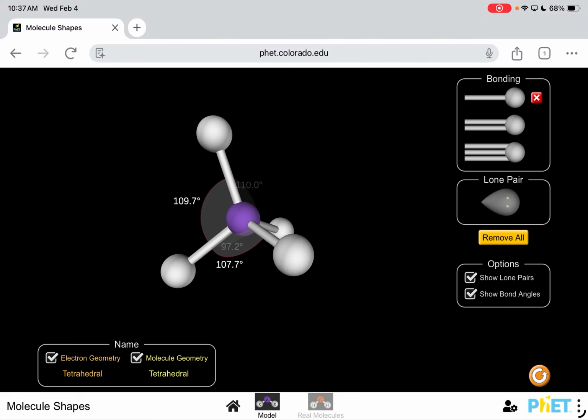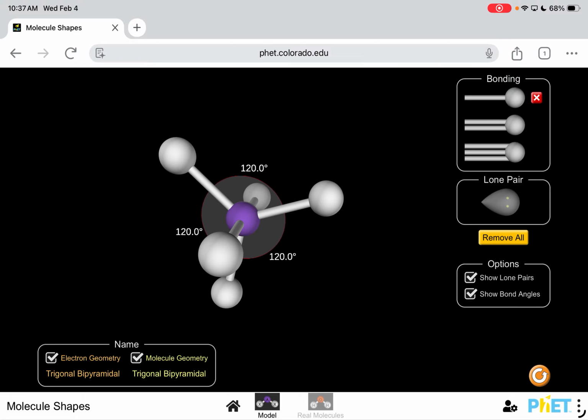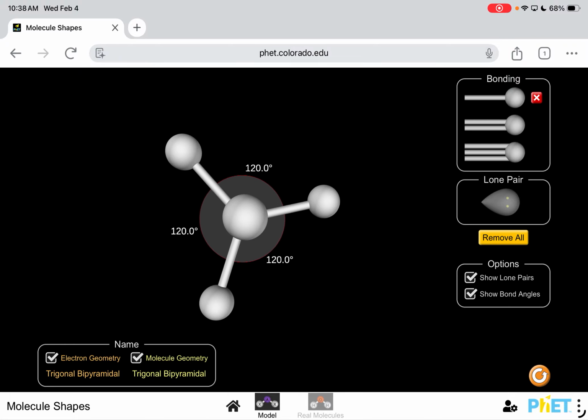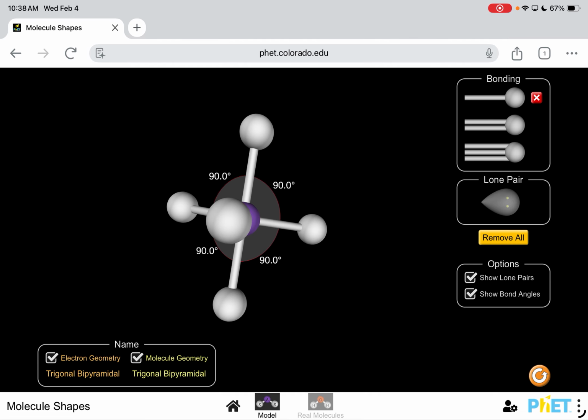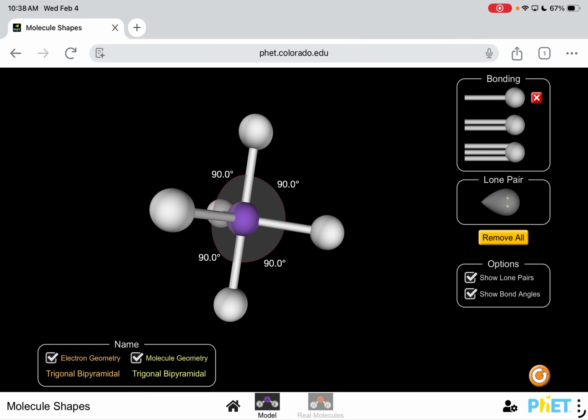So 3, 4, 5. Okay, so look down the middle this way. There's a trigonal planar that's kind of in the center of the molecule. So those bonds are 120 degrees away from each other. But then if we tip it down, we've also got 2 bonds that are perpendicular to that plane.